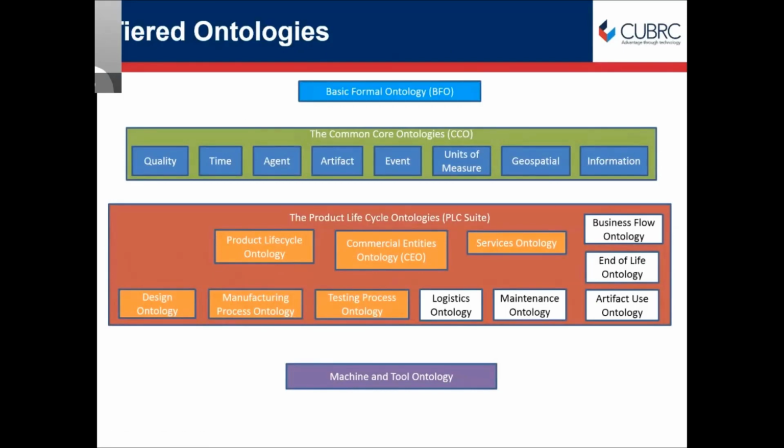Doing it right, in my estimate, means that you do it based on a single upper ontology. So sort of this pyramid structure of ontology development, so that when I develop a machine and tool ontology, it has a similar structure to something else, like a recycle ontology or an end-of-life ontology.